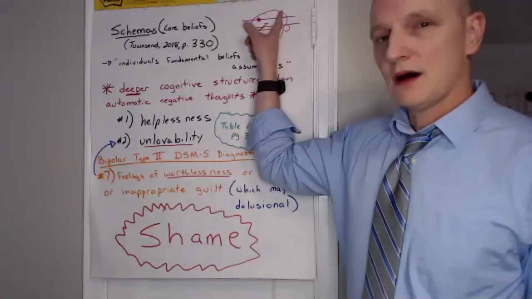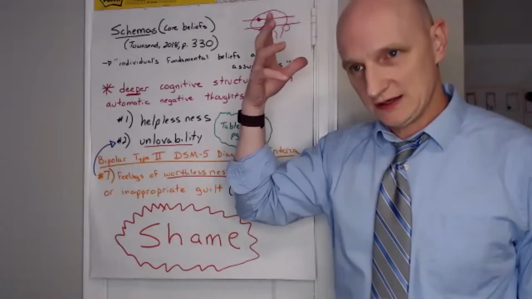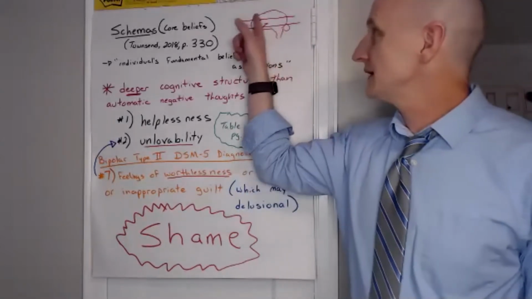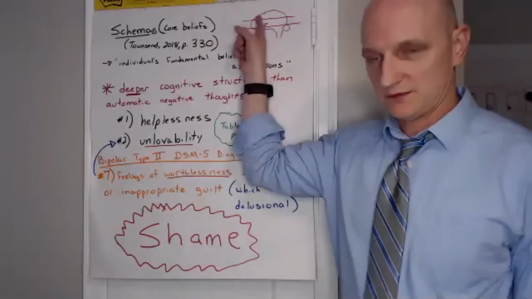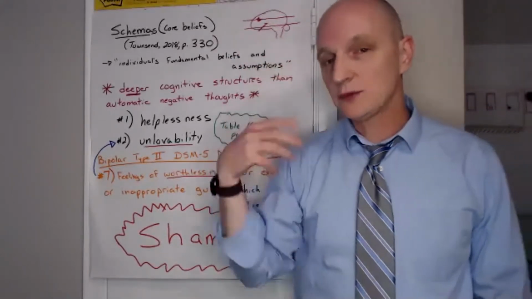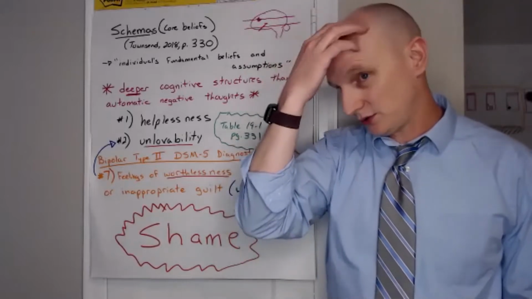Automatic negative thoughts or thinking, anything that requires words, is taking place at the top of the human brain, where we have our language capabilities. It's really the left prefrontal cortex.